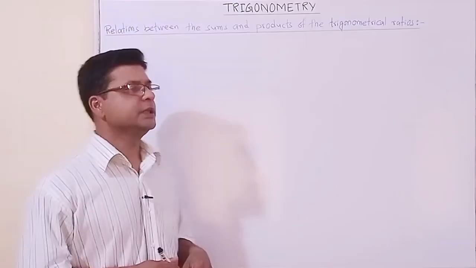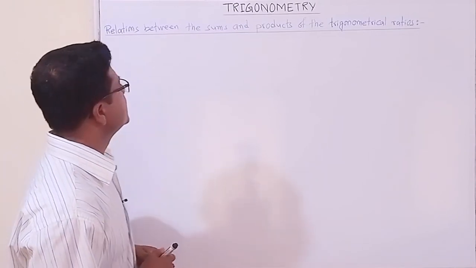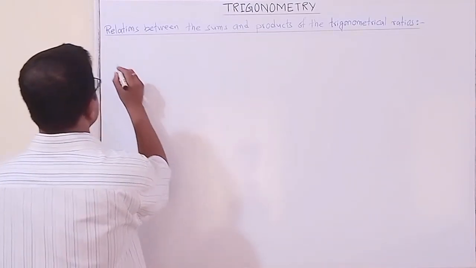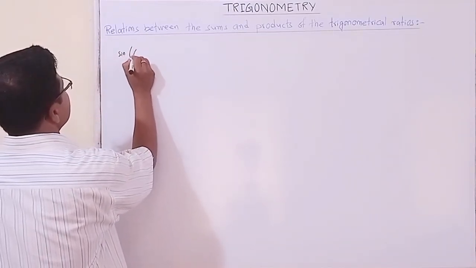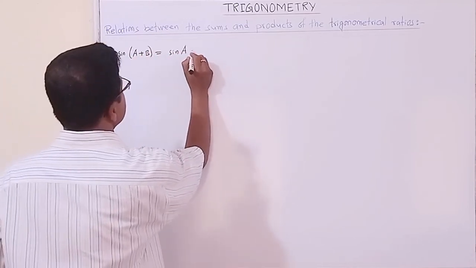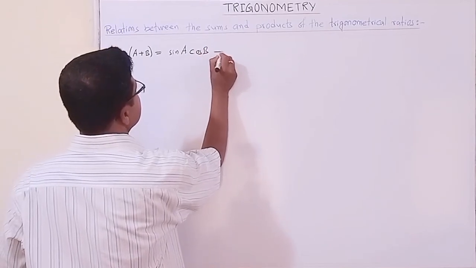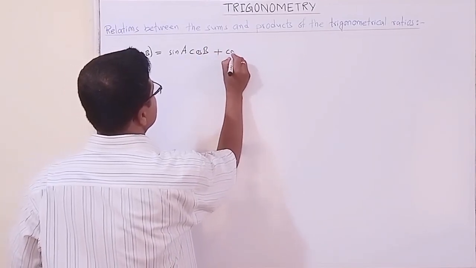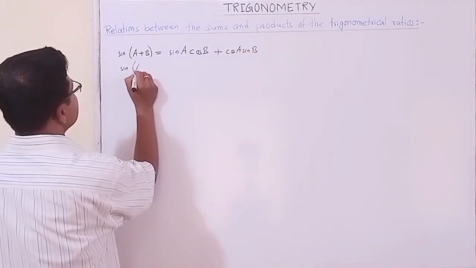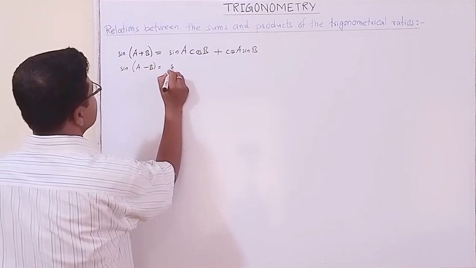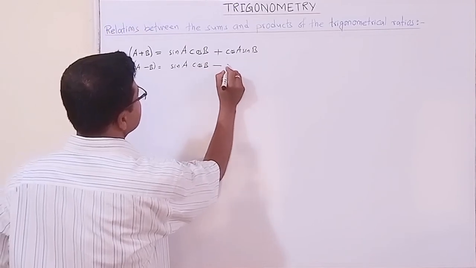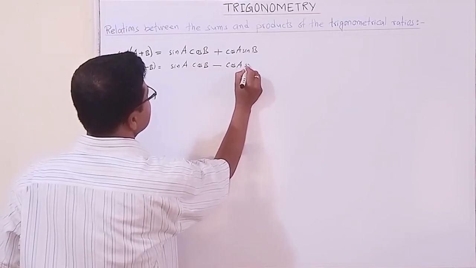Okay, my beloved students, here we have taken the topic now, relations between the sums and the products of the trigonometrical ratios. This is a wonderful topic. Here we know that sin(a+b) is equal to sin a cos b plus cos a sin b, and sin(a-b) is equal to sin a cos b minus cos a sin b.